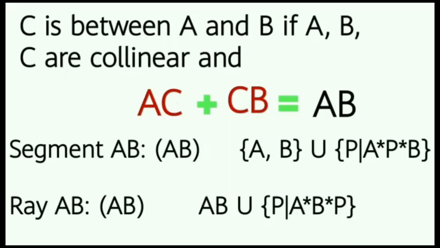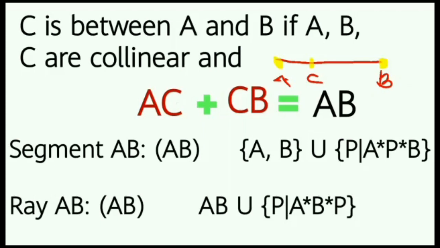So if A, C, and B are collinear, and the distance from A to C plus the distance from C to B is the distance from A to B.